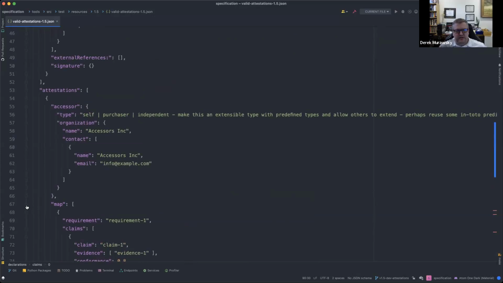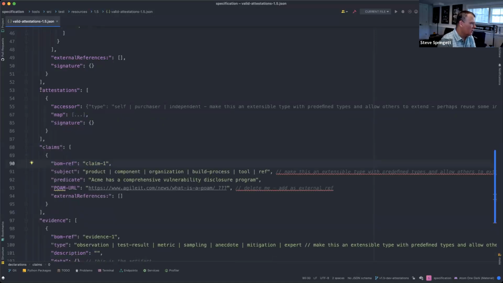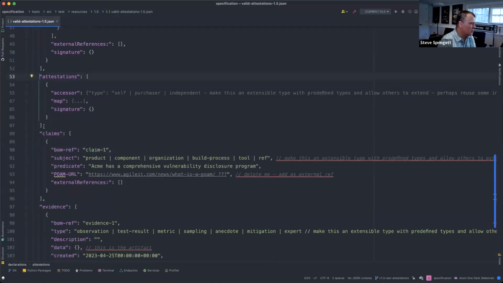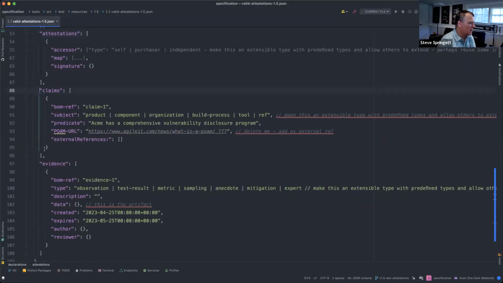Yeah, I think we have this. The nice thing about the way we have it structured here is that we've got the attestations separated out from the claims and the evidence itself. So if we want to attest the claims and use the same claims and the same evidence for multiple standards, we absolutely can do that.